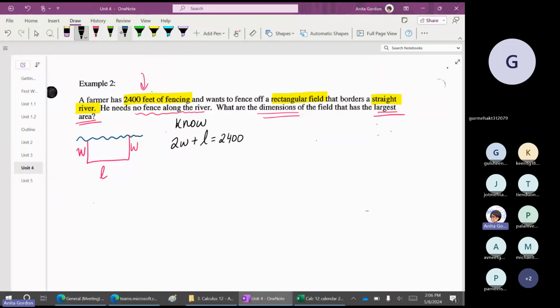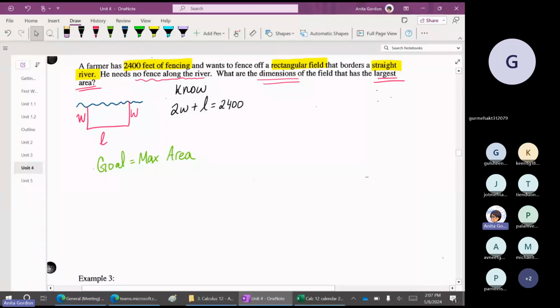What is my goal? The goal is max area. What is area? Length times width.